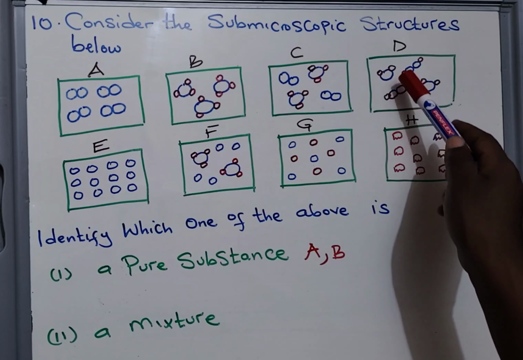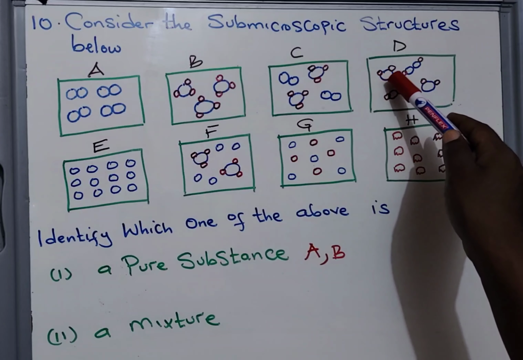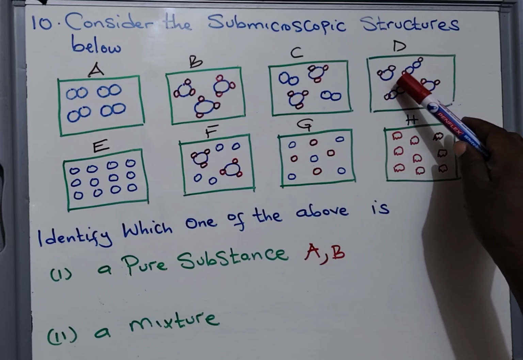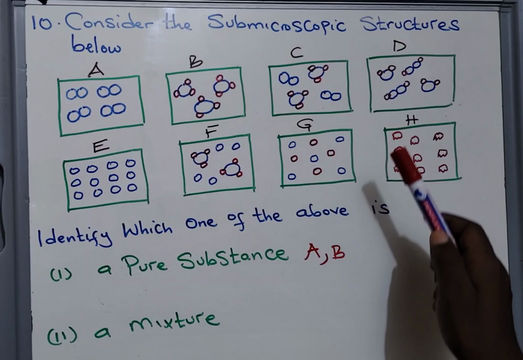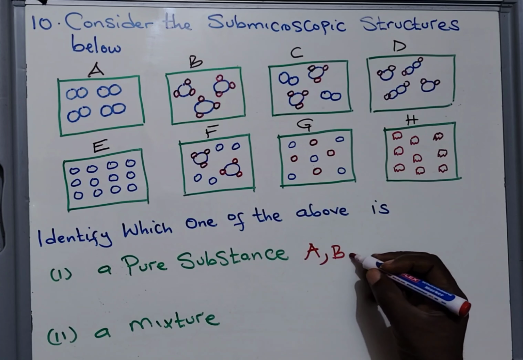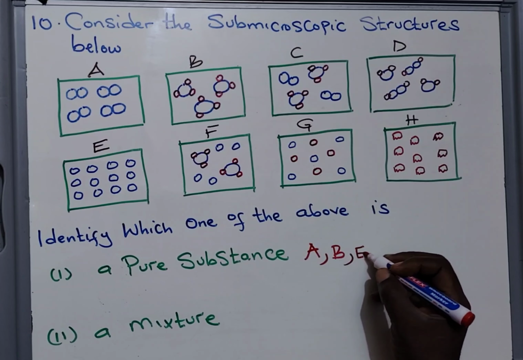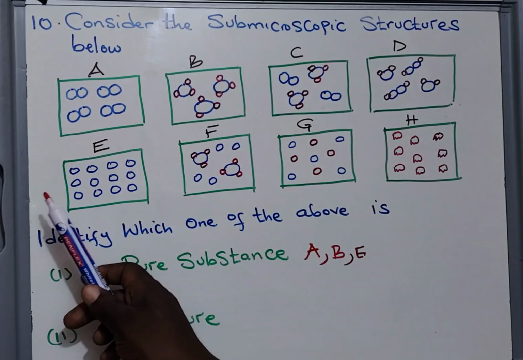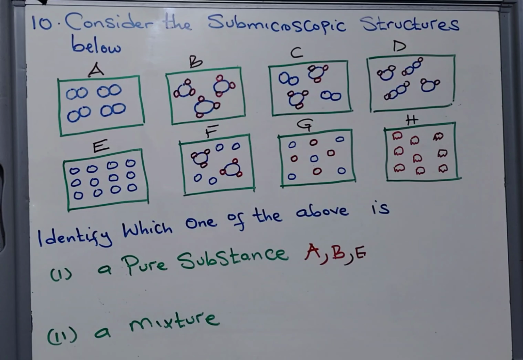The same applies here. This one has this central atom with 2 attachments. Then there are these 2 central atoms with 2 attachments. So it's also not pure. But E is pure. Okay, because it's made up of the same kind of atoms throughout.